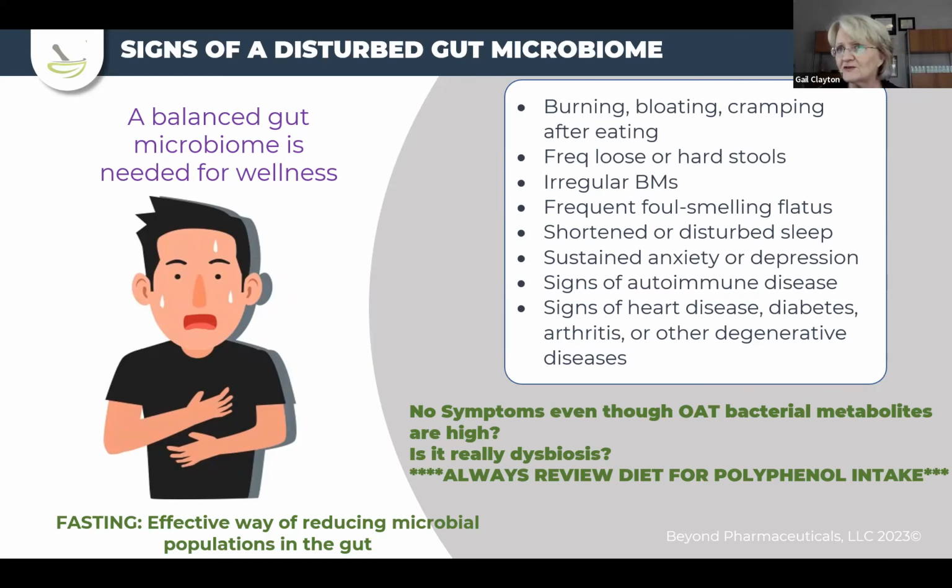What are they eating and what are they drinking? Is it balanced? Because all of that's going to show up in the urinary markers in the organic acid test, even the dysbiosis markers. So you want to know, is your patient having burning, bloating, cramping after eating?